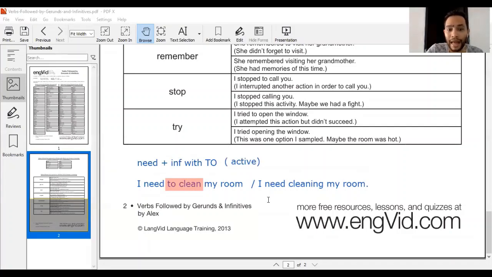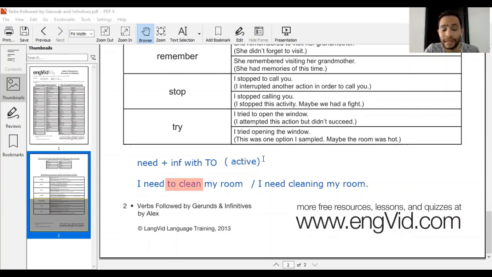How do I know that it's active right here? Because I am doing the action. The passive form is when we speak about the receiver of the action. So "I need to clean the room" is me who cleans the room or who needs to clean the room.